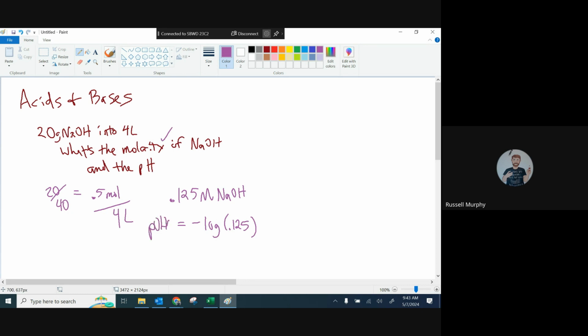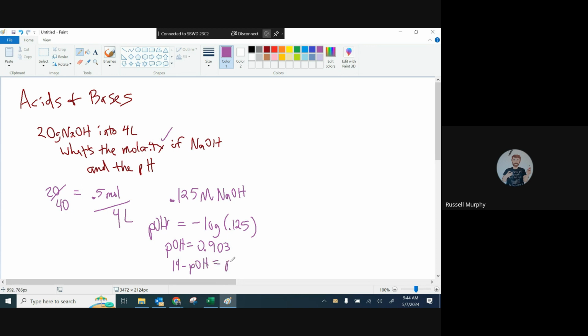I get a calculator. About 1. It's really close to 1. It's 0.9. And how do I switch pOH into pH? 14 minus pOH.